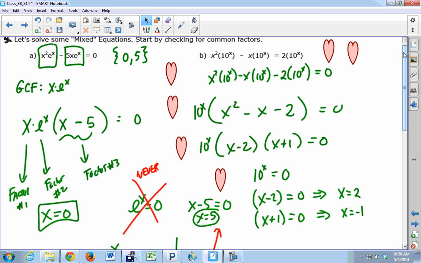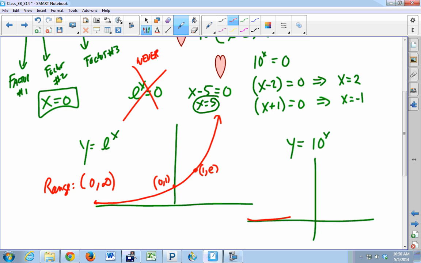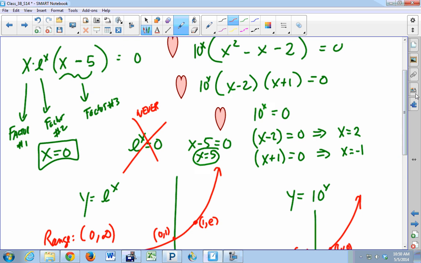Never, because if we were to graph it, it would look like this, just like the e to the x, except this one goes through (0, 1) and (1, 10). An exponential never equals 0, so that's a never. So here's our solution right there, 2 and negative 1. You're done.